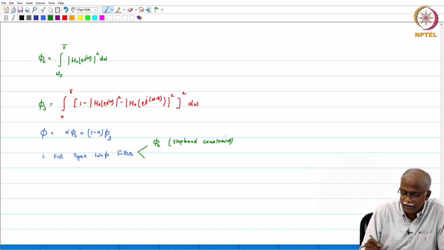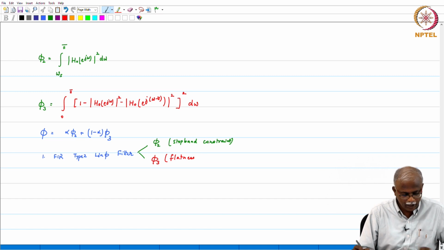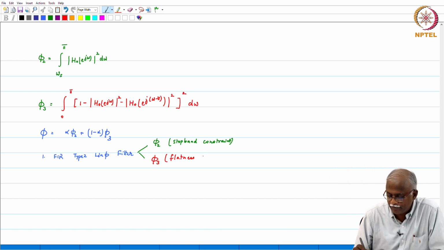The flatness constraint comes from phi 3. Combination of these two have been used to get the desired filter.